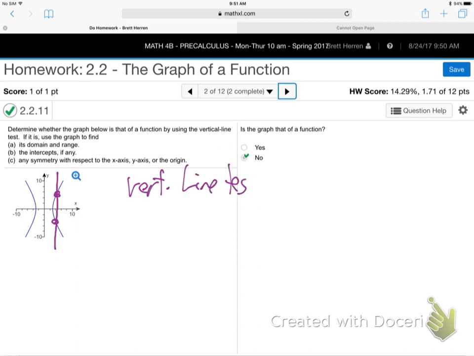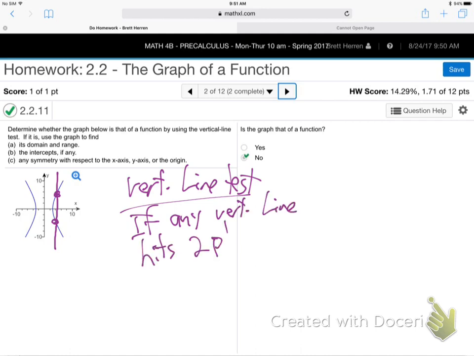The vertical line test is if any vertical line hits 2 points, it's not a function. So this one's no, and we're done. You don't even have to answer the rest of the questions when it's not a function. You're hoping it's not a function, and you're out of the rest of the work. So that one's not a function because a vertical line hits 2 points.